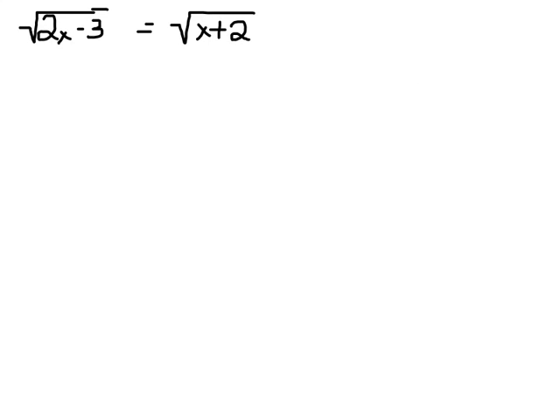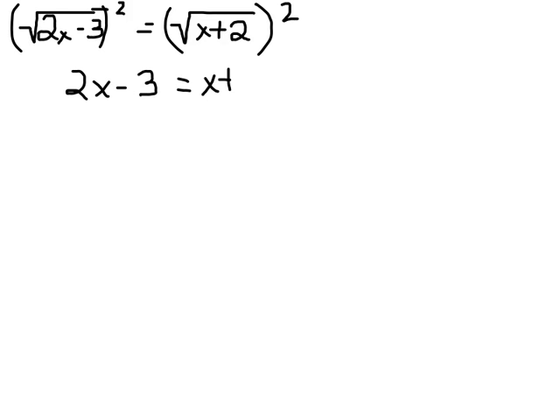Okay, let's do one more and then we'll do our two practice problems. So the square root of 2x minus 3 equals the square root of x plus 2. The first thing we need to do is put each one of these in parentheses and square them. When I do that, I get rid of the radical sign, so I have 2x minus 3 equals x plus 2.